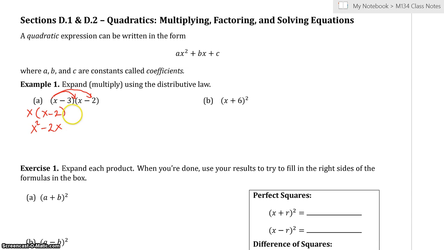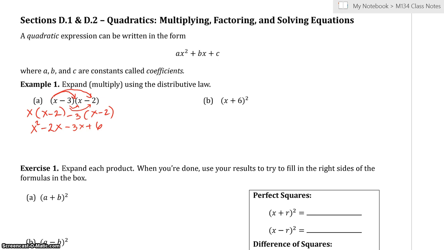And then we're going to do the same thing. We're going to take this 3 and multiply it to both of the expressions on the right. So that would be negative 3x plus 6. Again, that's like taking negative 3 with that x minus 2. So you can see that's where we get the negative 3x plus 6.